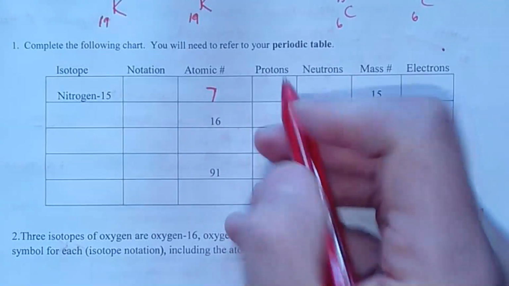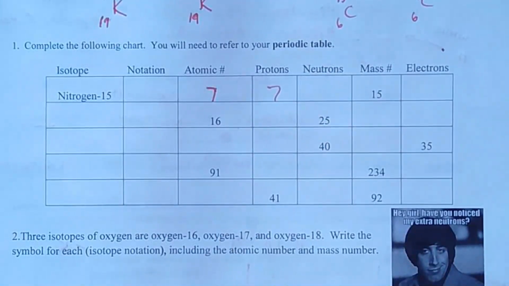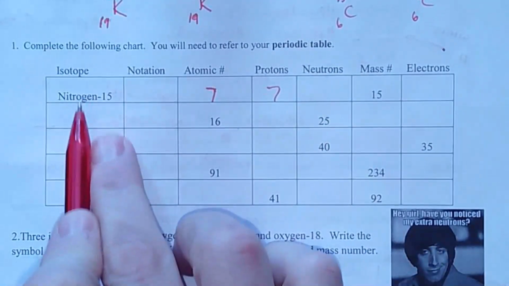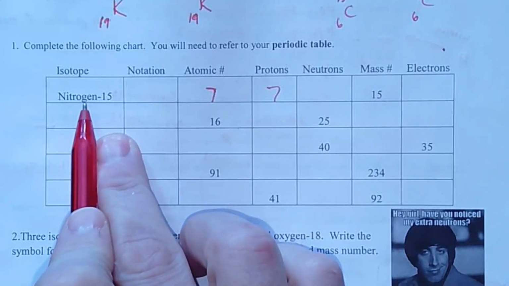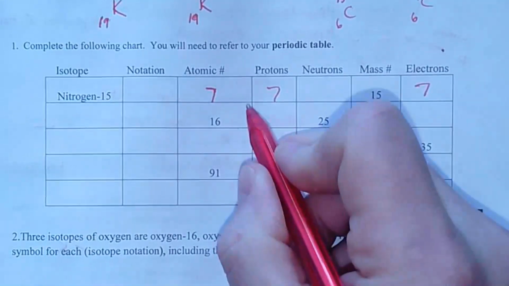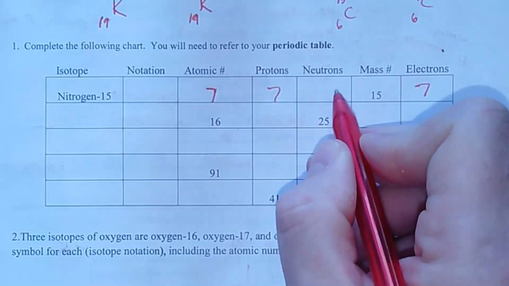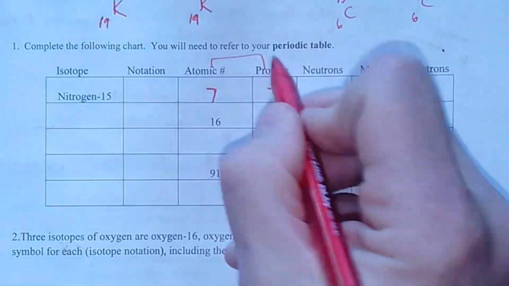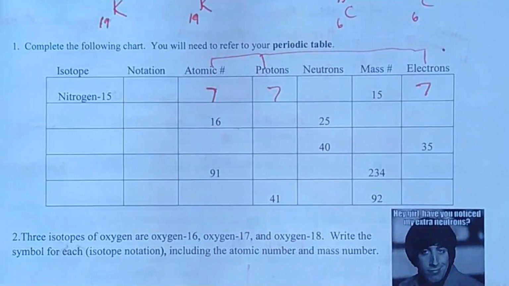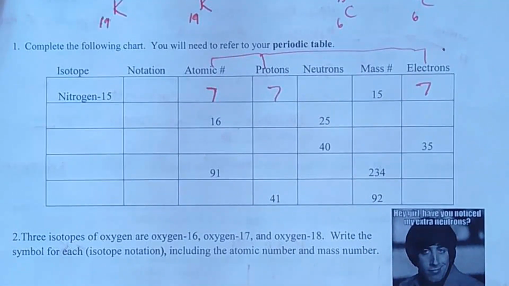And if the atomic number is 7, protons are 7. And since we're talking about a neutral atom here, the protons and electrons are equal to each other. So these 3 columns right here are all going to be the same: the number of protons, electrons, and the atomic number. Because we're not talking about ions.